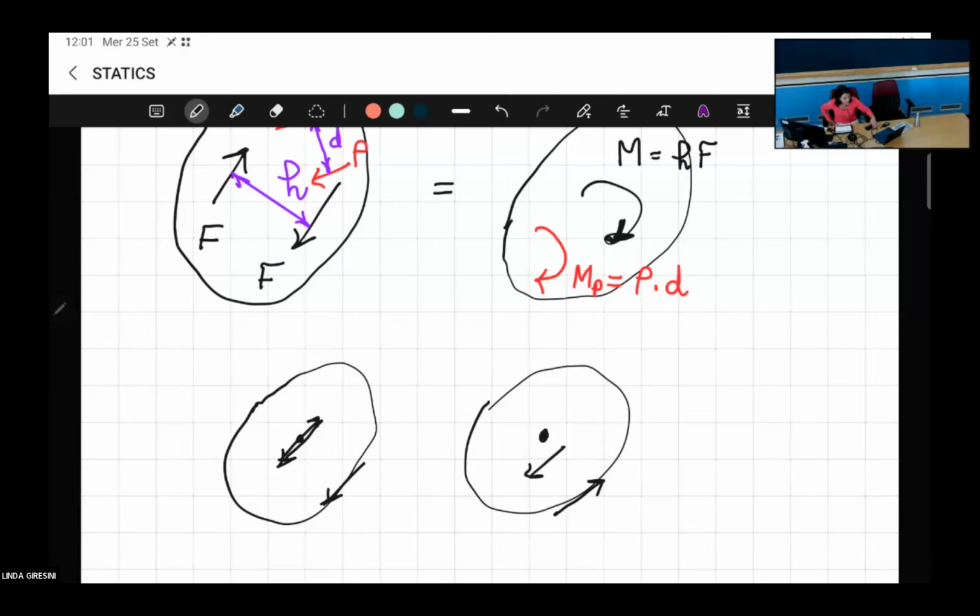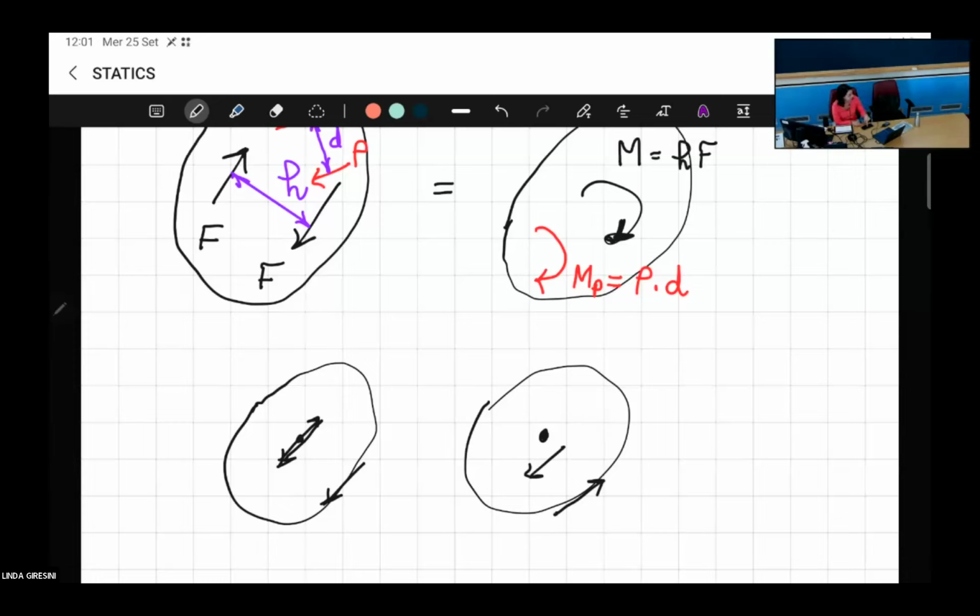You can see it like this is the experiment. One force in this direction, the other force in this. Yes, they can. You see?